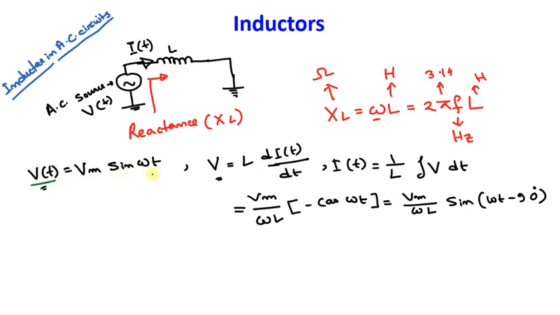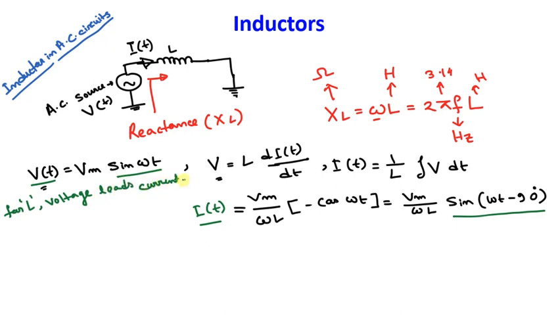You see here, this V of t is sine of omega t, but I of t, let me write I of t here as well. So I of t is sine of omega t minus 90 degrees. So basically I of t lags. So basically what we can write then? For an inductor, voltage leads the current by 90 degree, isn't it?